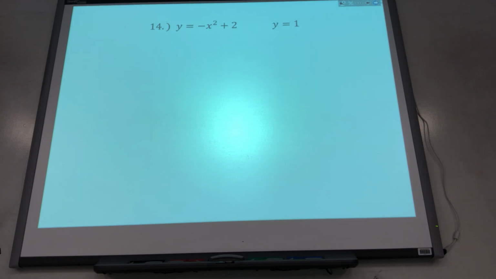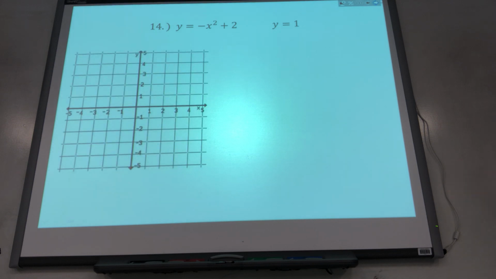Alrighty, this is number 14, I think. Haven't really been keeping track, but I guess that's right. Number 14 says y equals negative x squared plus 2, and then y equals 1. It's multiple choice, so the graphing part is not going to be something you have to do.